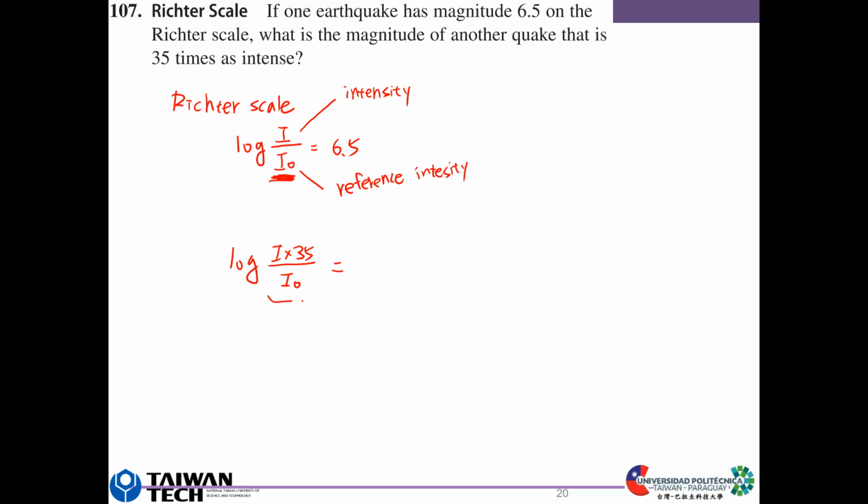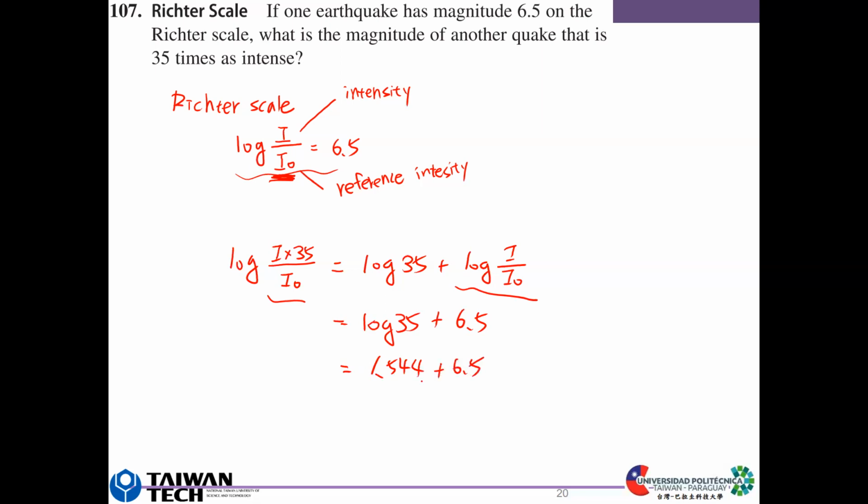If you remember, the multiplication within the log function becomes the summation of two independent log functions. So you have log 35 plus 6.5, because we know this is 6.5, and log 35 is 1.544, and yes, you need a calculator, plus 6.5, which is 8.04.